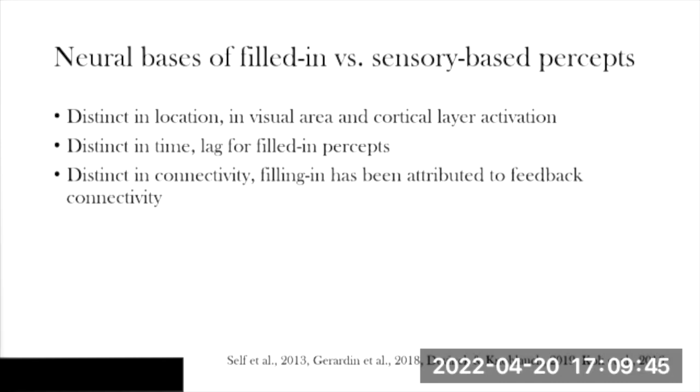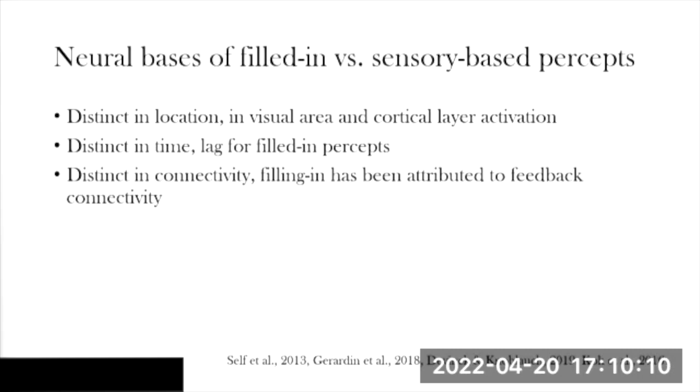So filling in has been attributed to more feedback connectivity than sensory-based perception. And there are two ways that filling in appears to recruit more feedback connectivity. First, it has been demonstrated that at least for surface color filling in, like in the watercolor effect, there is effective feedback from higher visual areas, so V4, V5 back to V1, V2.